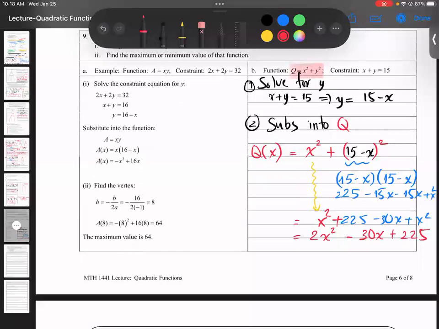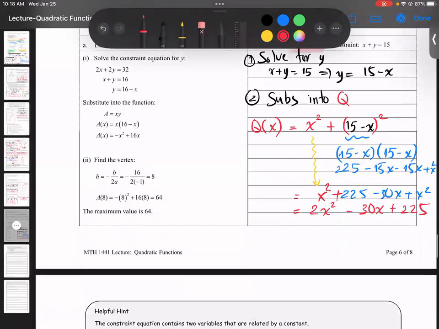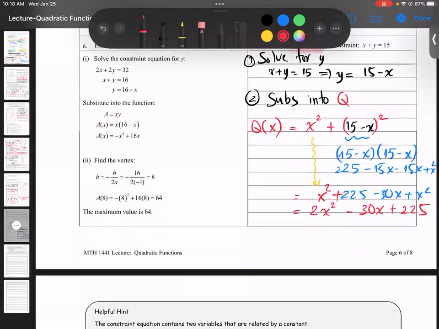By the way, you're gonna have a maximum or minimum in this problem. So h equals negative b over 2a. Sometimes I call that x. b is negative 30. a is 2.